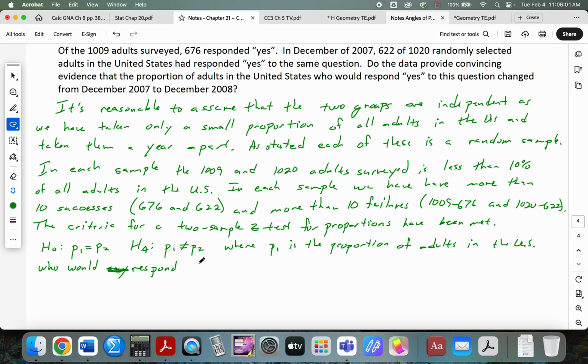They wrote it that way, I'm going to write it that way. Do we only have to do P1 or P2? We have to do both. I'm not finished with P1. In 2007, and P2 is the same proportion but in 2008.